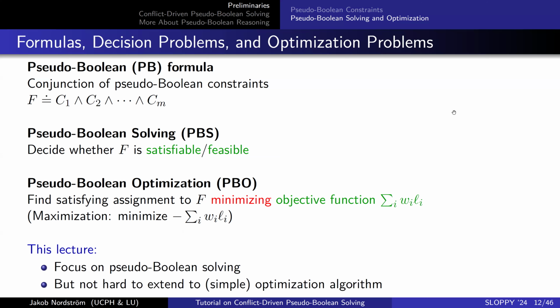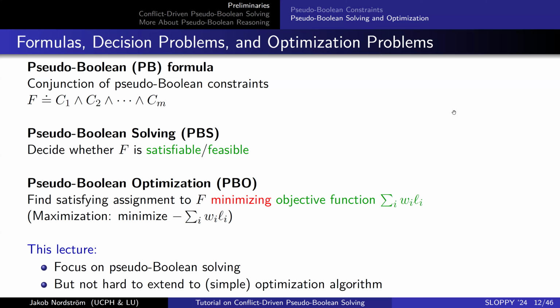And now what we're going to talk about is pseudo-Boolean solving. It's not going to be hard, if you think about it, to extend what we do to a vanilla pseudo-Boolean optimization algorithm. Basically, you can always just solve, and when you've found a solution with a particular value, you add a constraint saying, now I want a value that is strictly better.